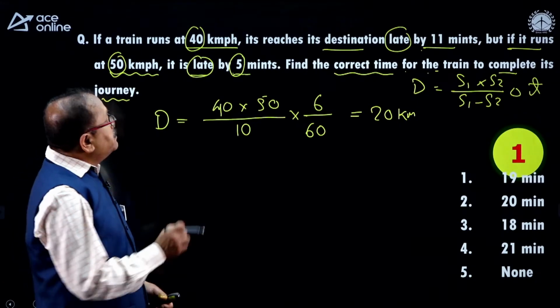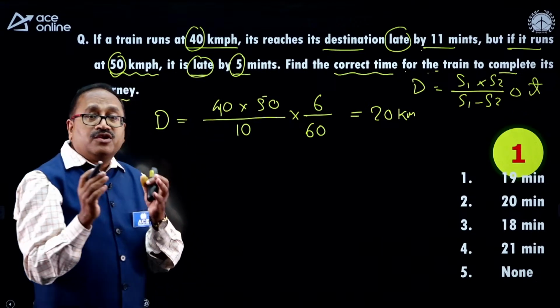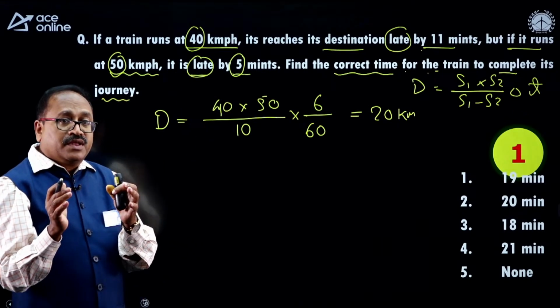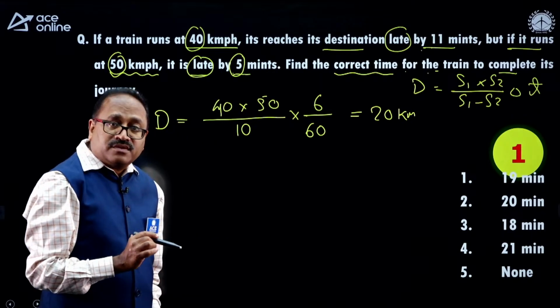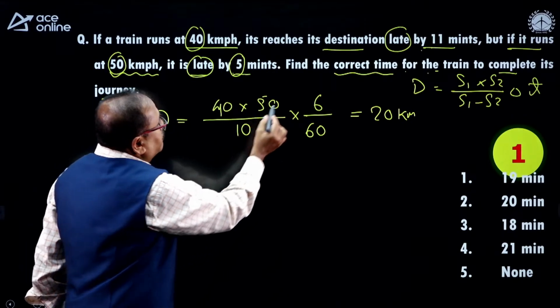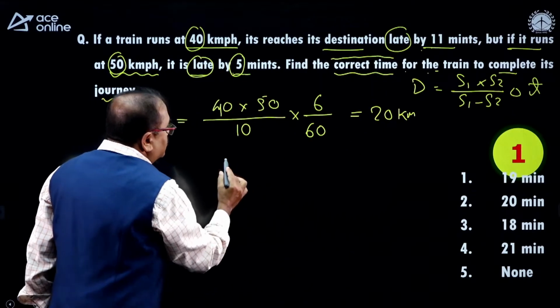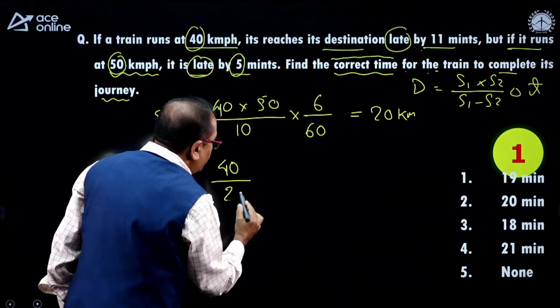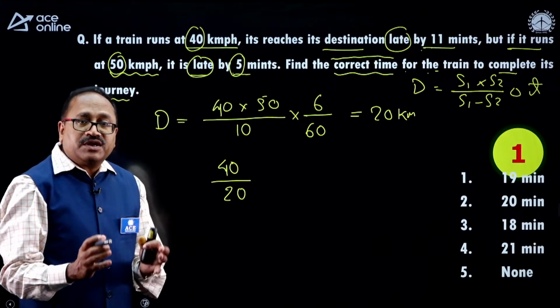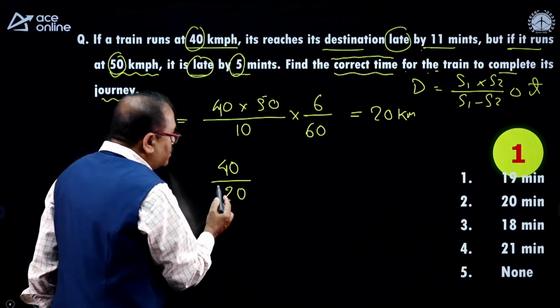Now if this 20 kilometer distance is covered with a speed of 40 kilometer per hour, he is late by 11 minutes. That means we need to find the correct time, which is what is asked.